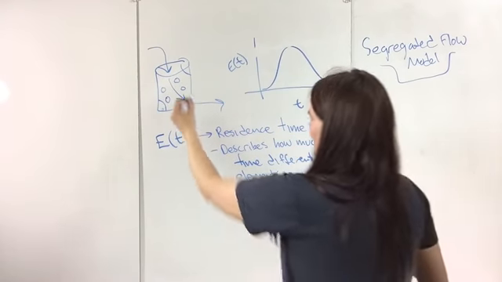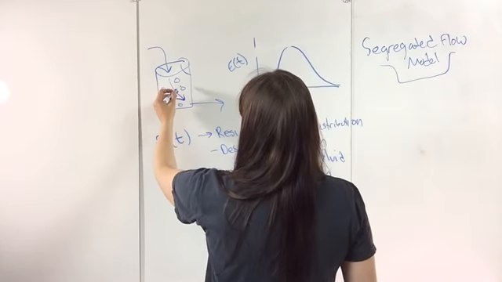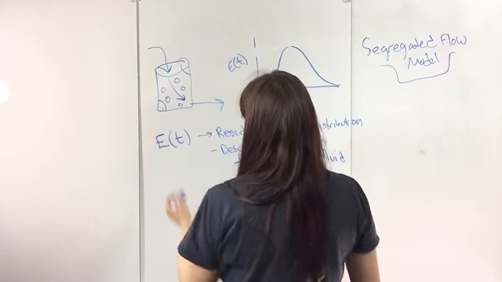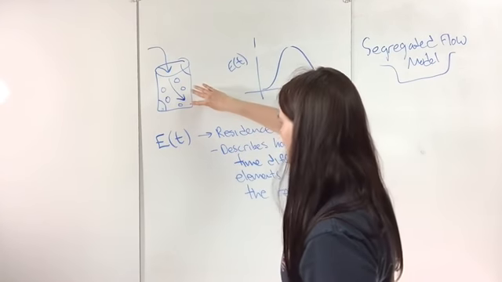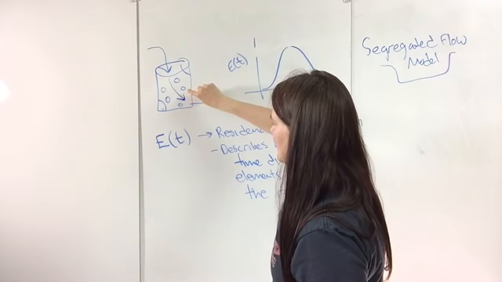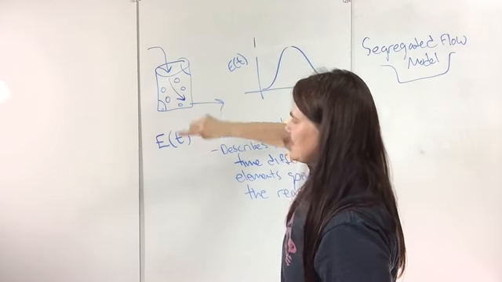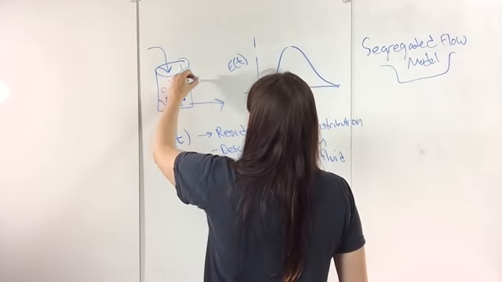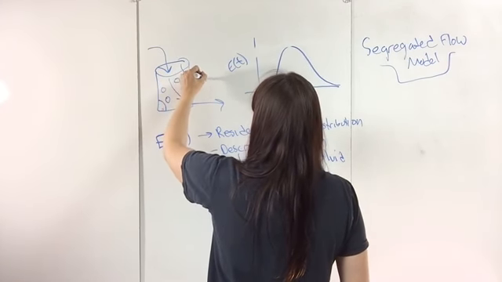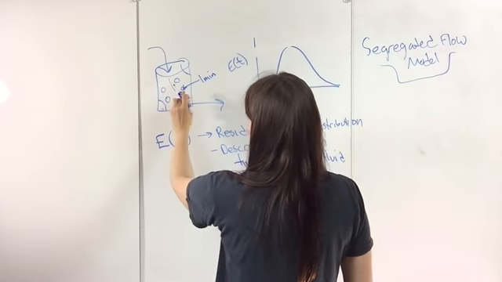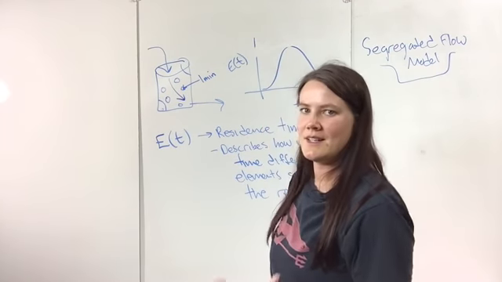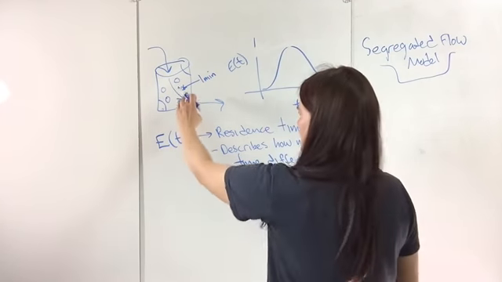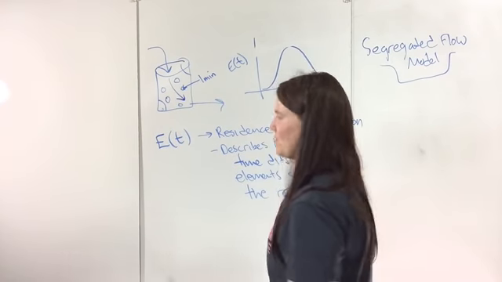These molecules don't mix with each other. That's why it's called segregated. Say these ones are spending 1 minute in the reactor, so every molecule in this batch is in there for 1 minute.